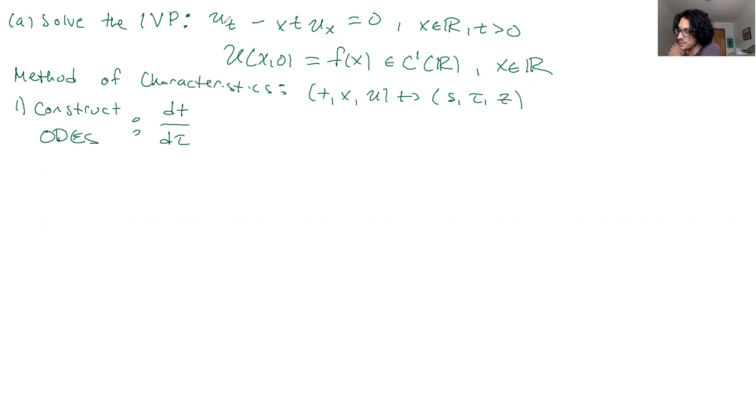So the first of these is T, and because the PDE is in this form, it just has variable coefficients in front of U sub T and U sub X. And then dt d tau is just 1, okay?